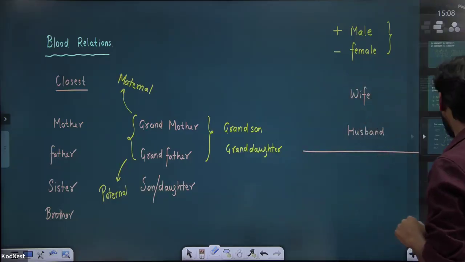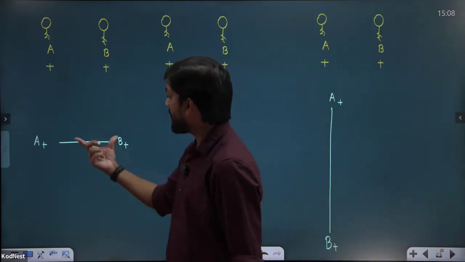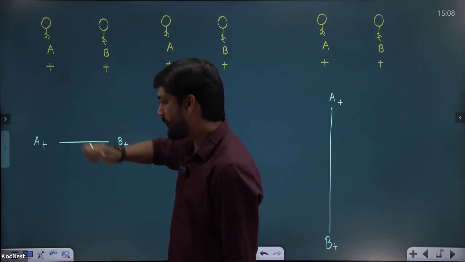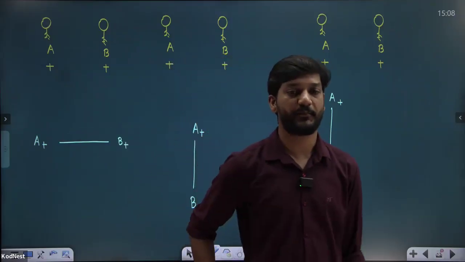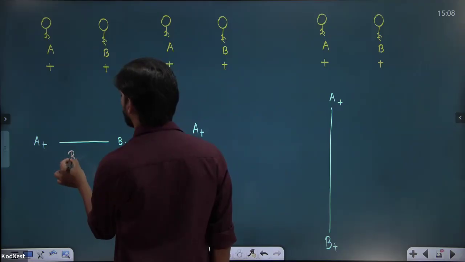So carefully observe how you will think this part. There are two male persons and they belong to the same generation. So who they will be? Brothers. So they are bros.